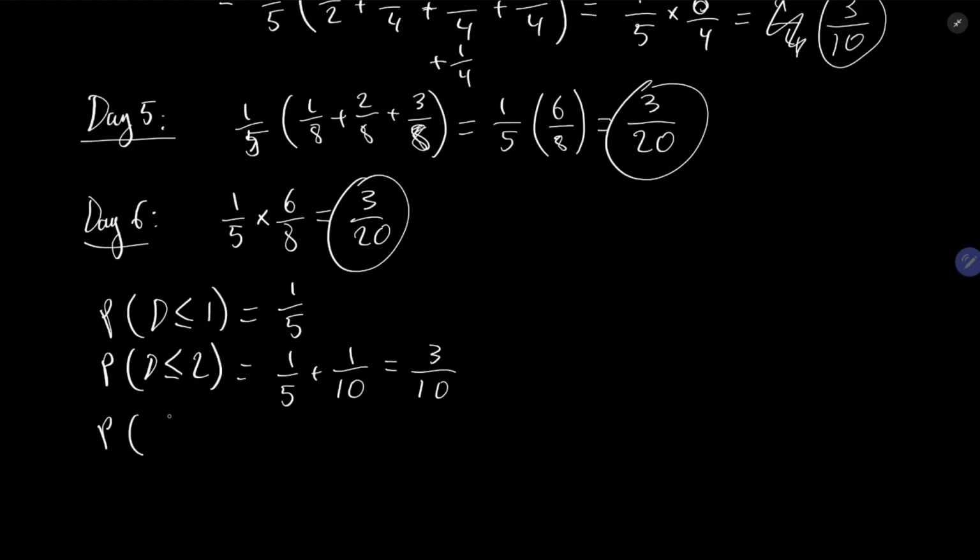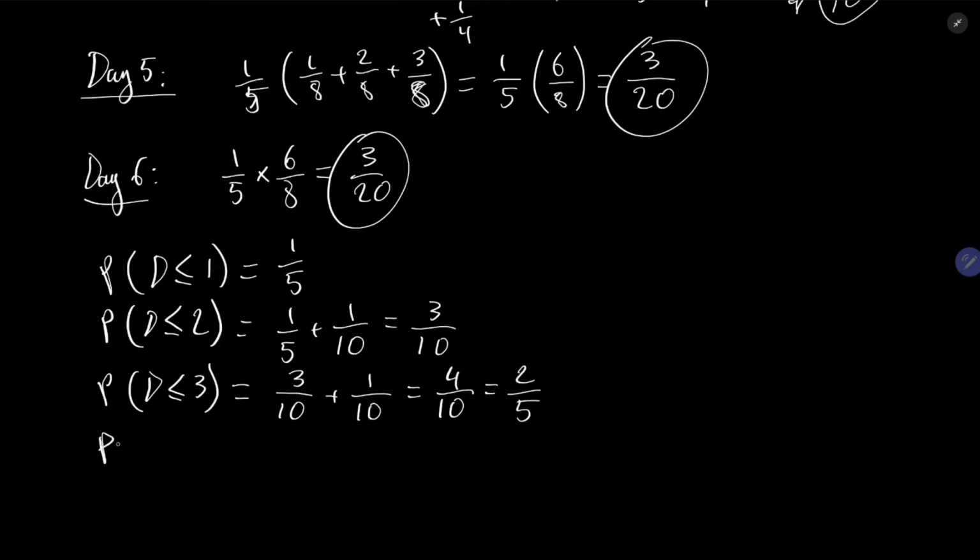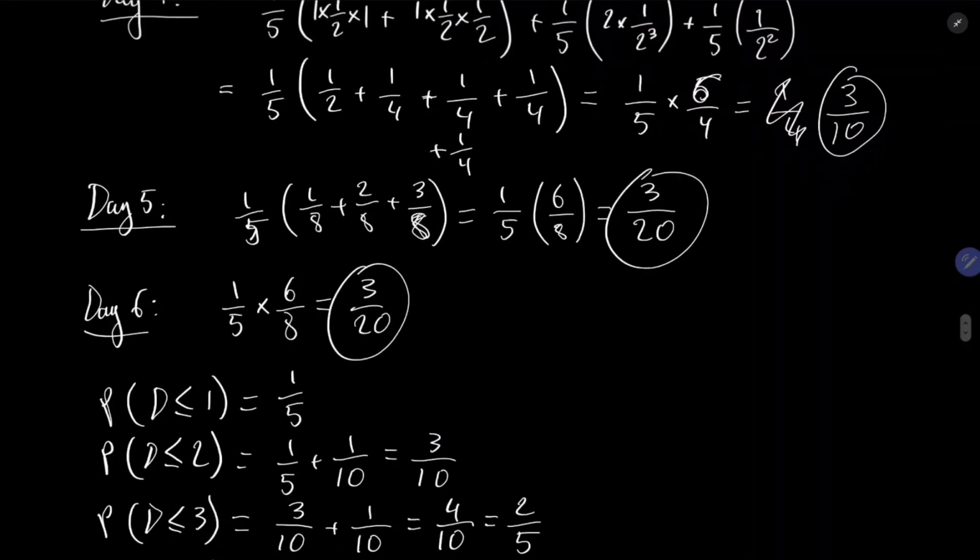Probability of catching the fox before day number 3 included is equal to 3 divided by 10 plus 1/10. So this is equal to 4 divided by 10 or 2 divided by 5. The probability that we catch the fox before day number 4 included is equal to 2 divided by 5 plus 3 divided by 10.